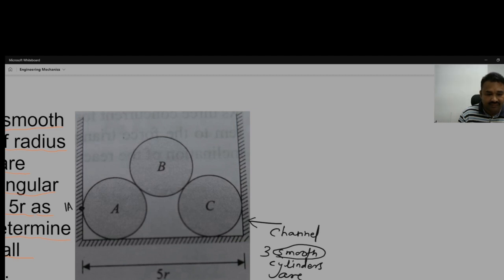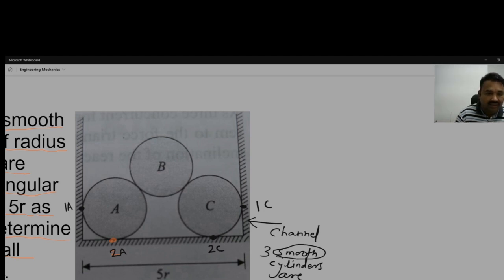This is 1A, this is 2A, and this is 1C, this is 2C.